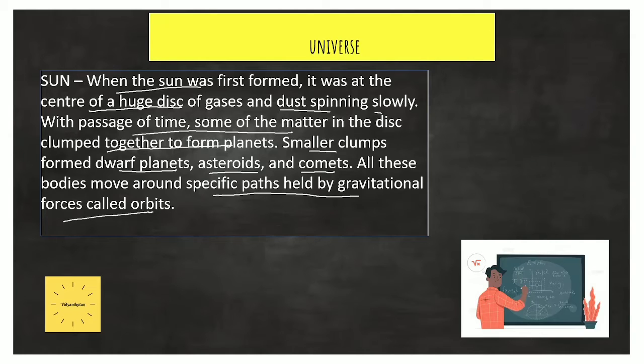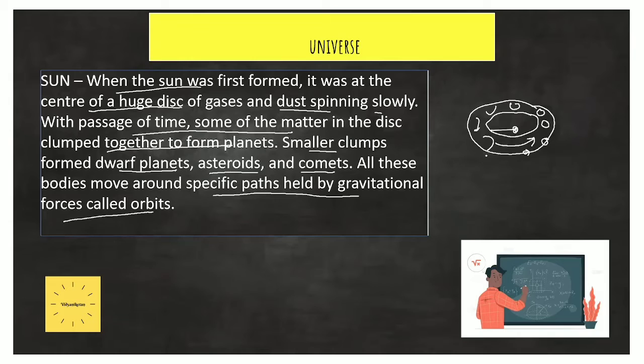So, what do we learn from this part? We learned that there was a huge disk of gases and dust which were spinning slowly, and the sun was situated at the center of this disk. These dust and gases were spinning around the sun slowly. As time passed, some of the matter from this disk clumped together. Some clumps formed the planets and the other clumps, which were smaller in size, formed dwarf planets, asteroids and comets.